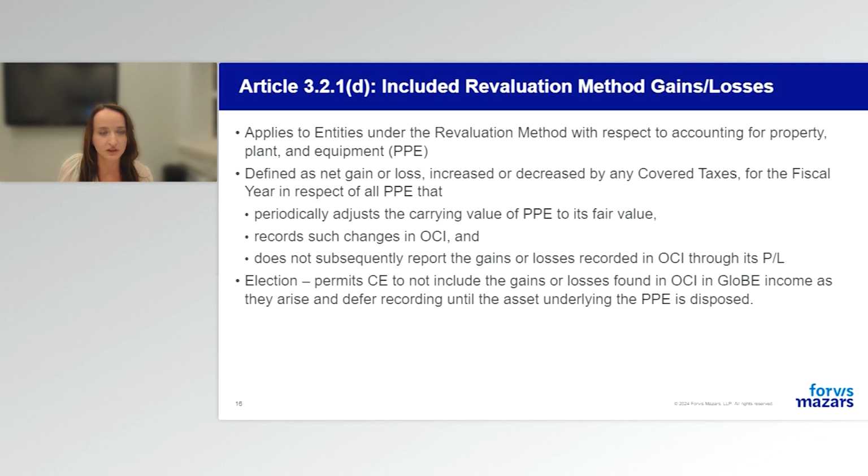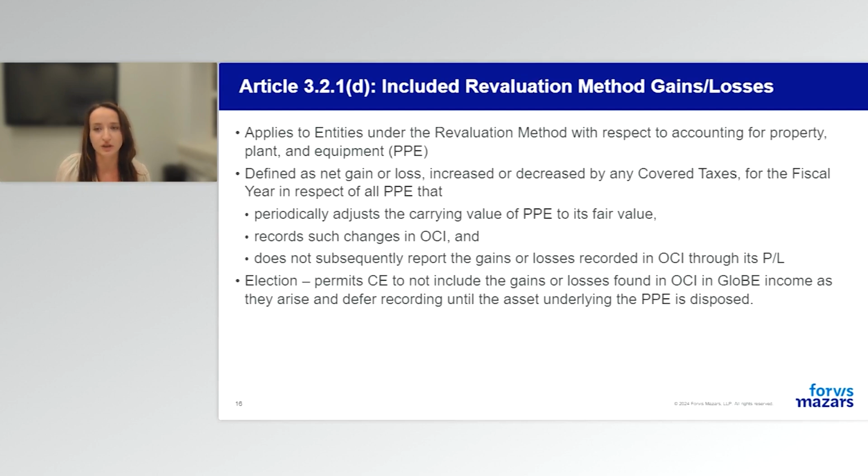Now let's proceed to the next slide concerning the included revaluation method gains and losses. Under some financial accounting standards, an entity can elect either the cost model or the revaluation model as its accounting policy for property, plant, and equipment. Under the revaluation model, an asset is carried at a revalued amount, and revaluation increases are generally recognized in the OCI rather than the profit or loss.